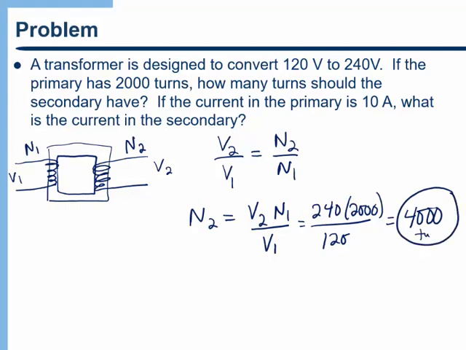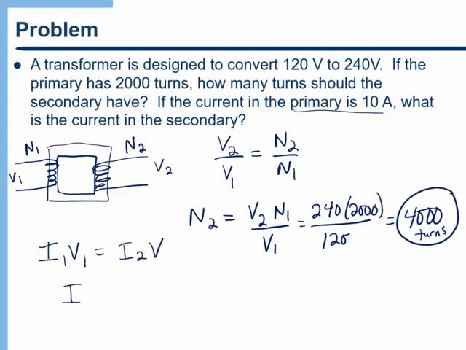The second question was, what is the current in the secondary? Well, since the voltage got doubled, we know what's going to happen to the current, right? It's going to get halved. But let's write it out with a formula. I1 V1 is equal to I2 V2.